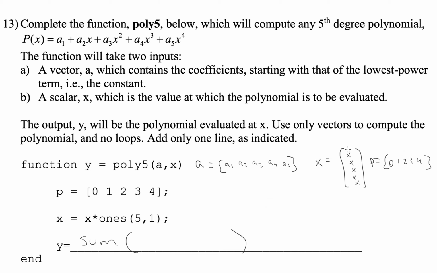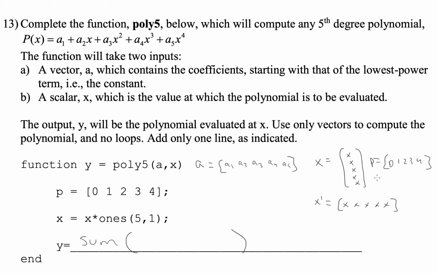So we want to raise each x value to each power of p, and then we want to multiply it by each value a. So what we could do is just change x into a row vector, right? And that will make life a lot easier. So if we do x prime, that will just make it x, x, x, x, x.